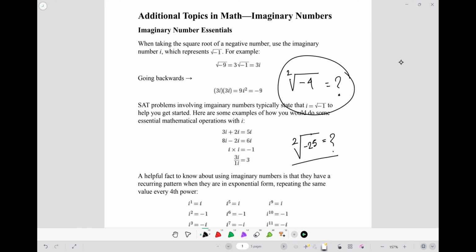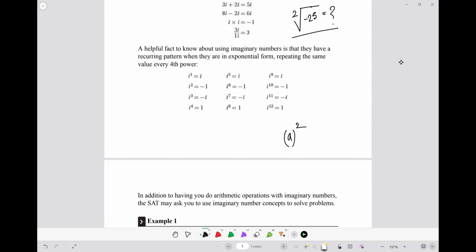Because we know, whenever we're taking the square of anything, for example, if a is a number and we take a squared, what does it really mean? What is the mathematical interpretation? When we write a squared, we're doing a cross a.